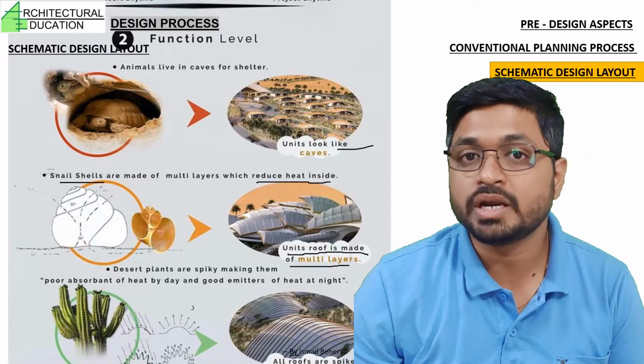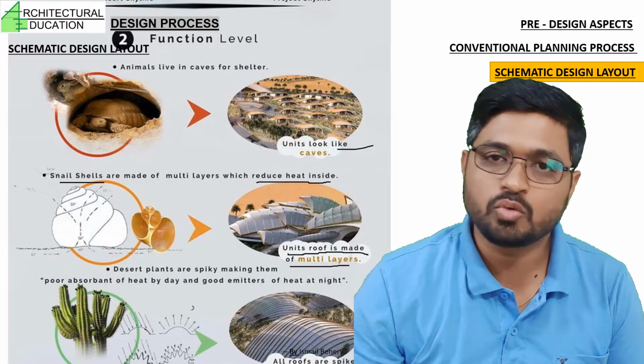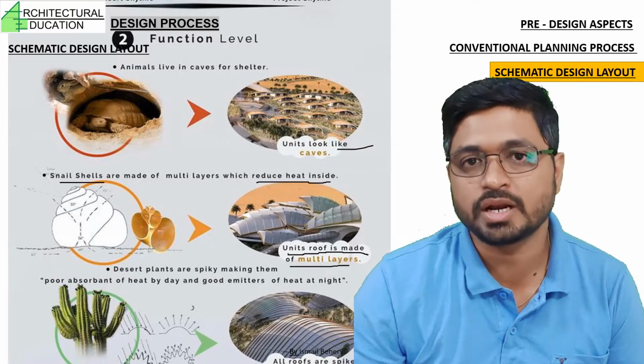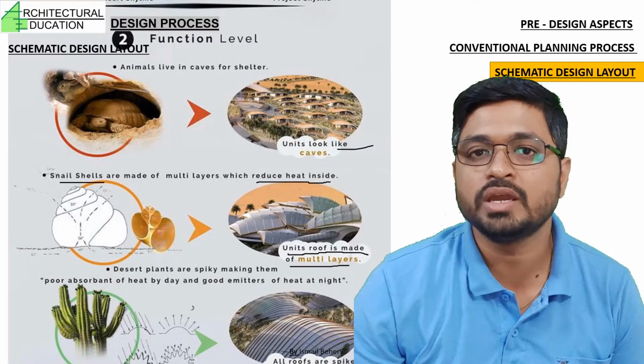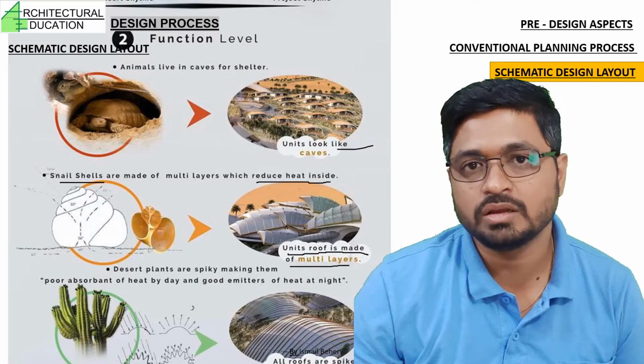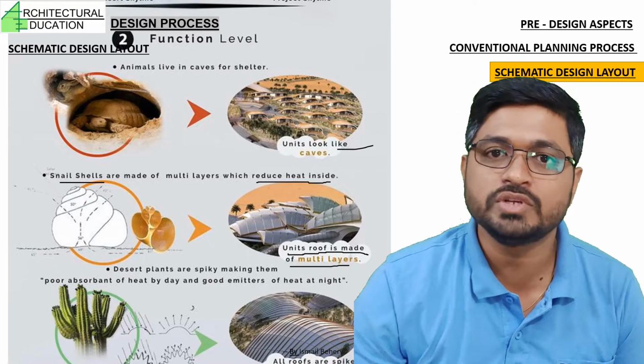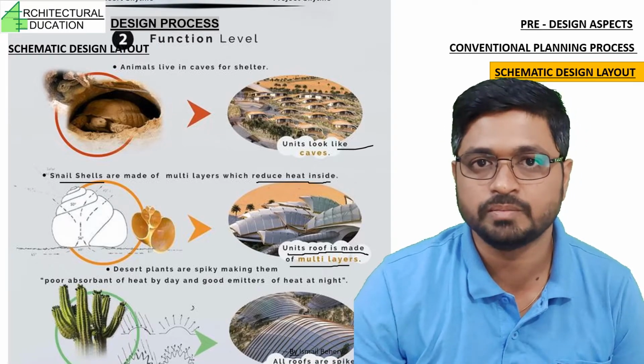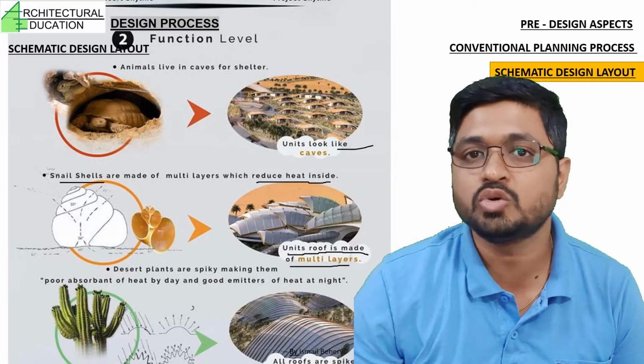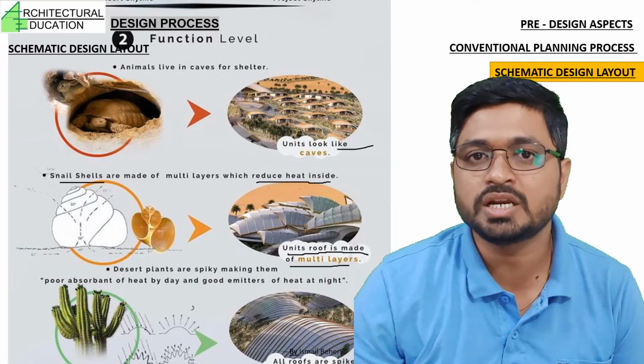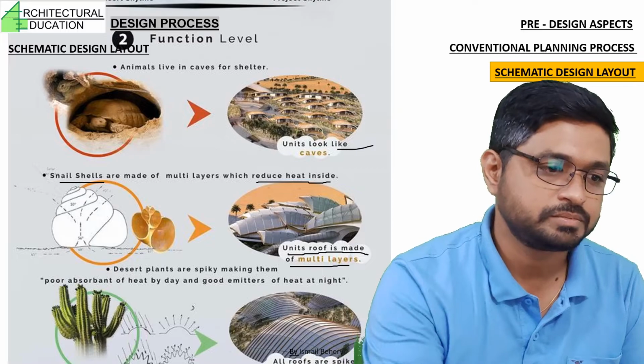It's a very common trend or a requirement in most of the hot and dry regions that you should have a building covering or a building envelope on the outer surface of the building. So in that case, if there are two layers for the building, the heat retention will be lower.